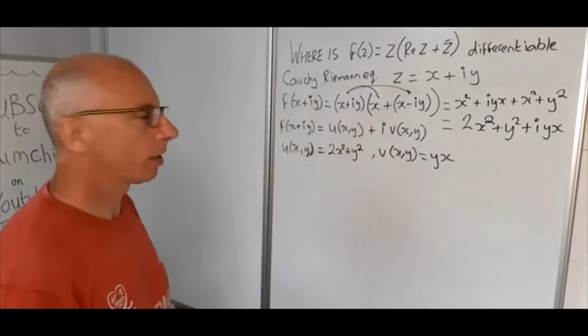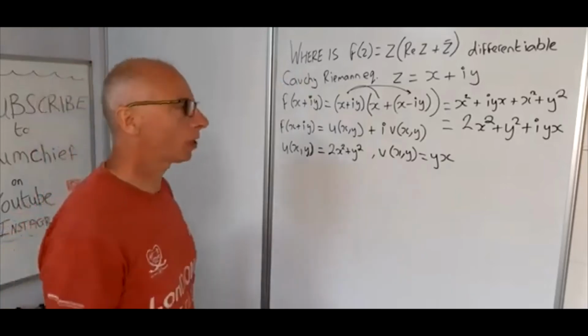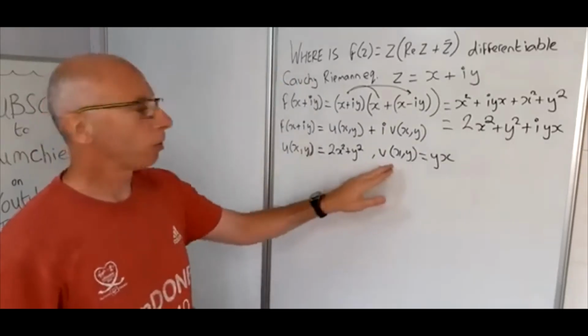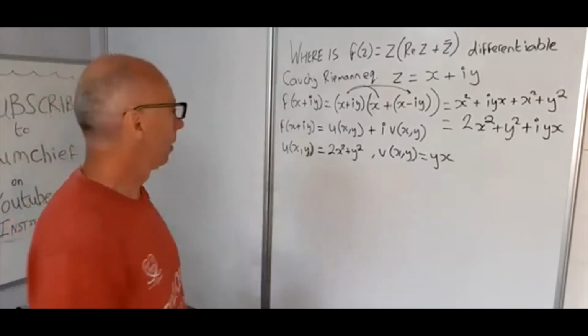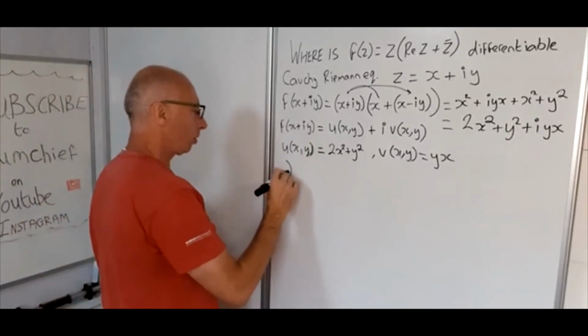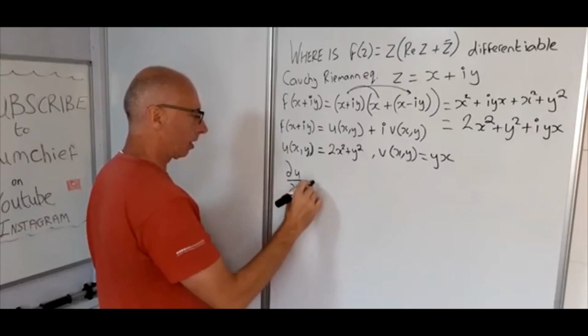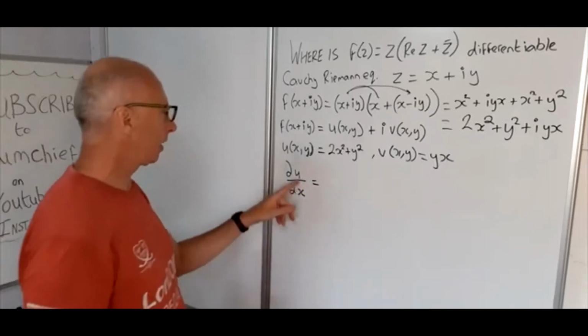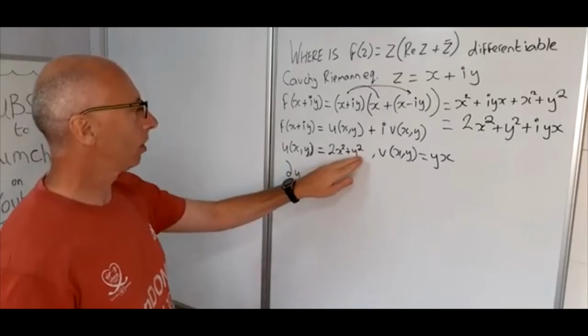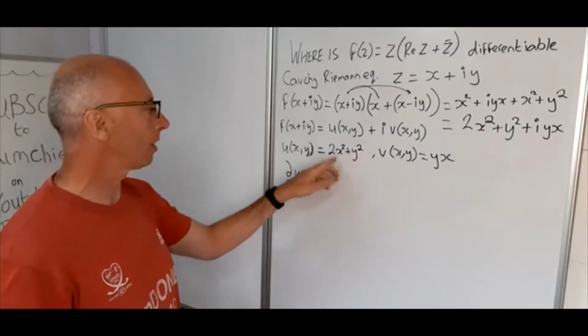Okay, so Cauchy Riemann equations, partial derivatives of each of these with respect to x and y. So we take the partial derivative of u with respect to x. So what is that? With respect to x, the y squared becomes a constant, so that disappears.